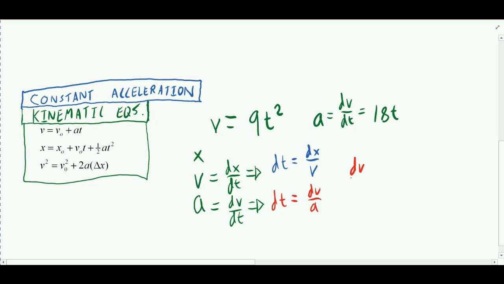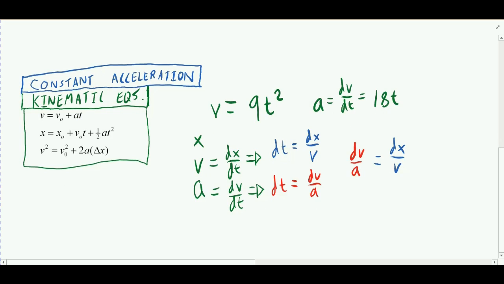dv. Alright, and I'll just keep it in blue. Let me scroll down a little bit, give myself some room here. And to wrap it up, let's move the v over there.